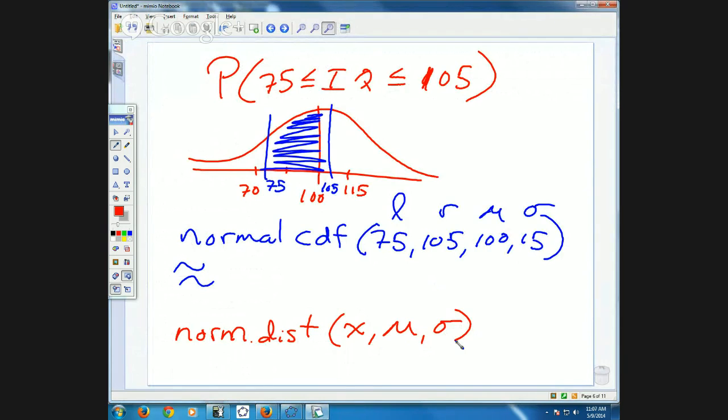Which makes it a little bit trickier on Excel. You only do that if you're going to the left forever. We're starting at 75 and going to 105. If you have a tail on the left, you'd have negative 1 E99. What if we had the tail on the right? What would our right-hand bound be? Positive 1 E99. Yeah, we'll do that one next.